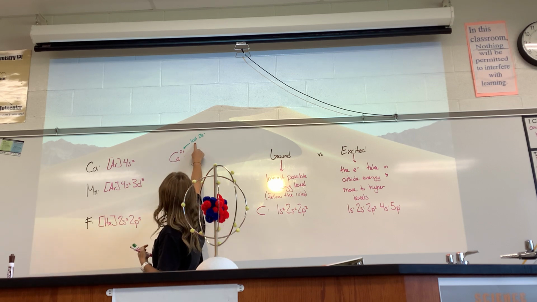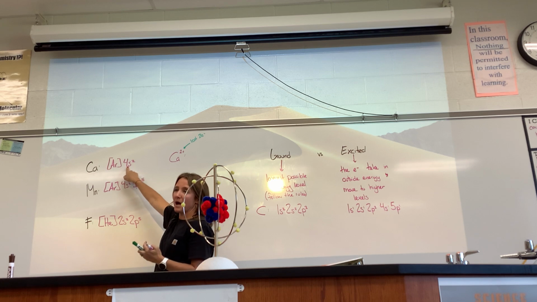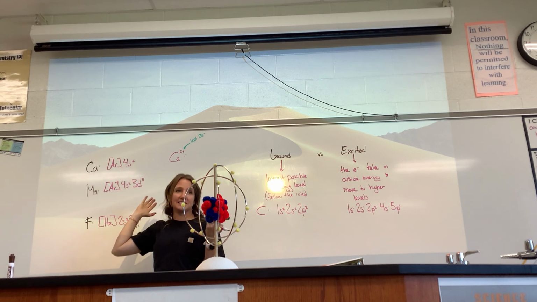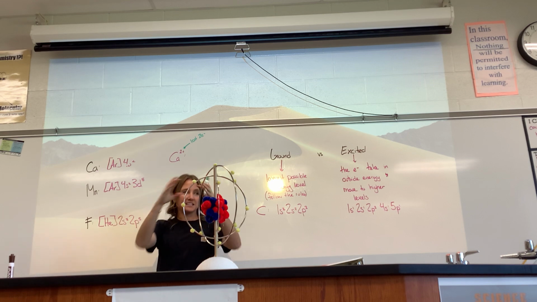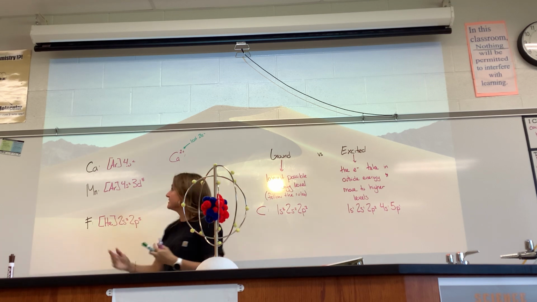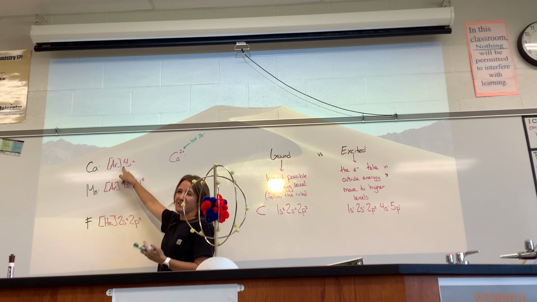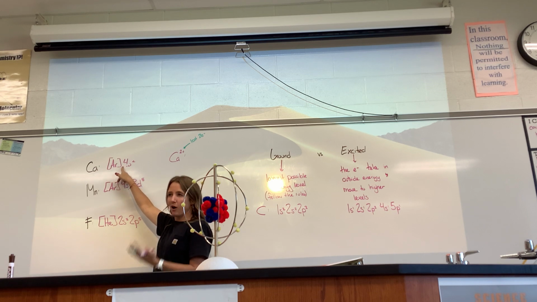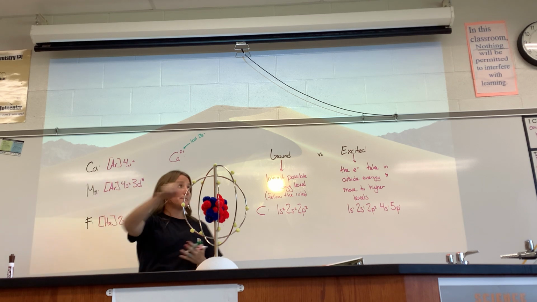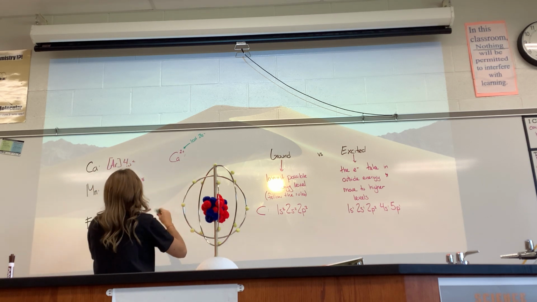So in this case, if 2 were lost, what happened to this 4s? It was emptied, right? It's not there anymore. In a sense, that shell was peeled away, and so what's left is argon. Now we can't just write argon in brackets and call it a configuration, but we can write it shortcutted still.